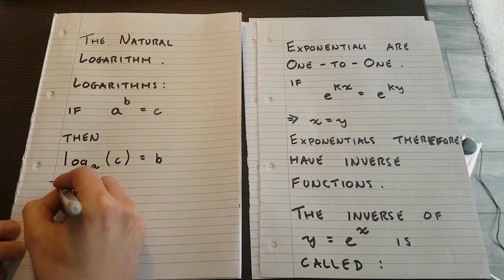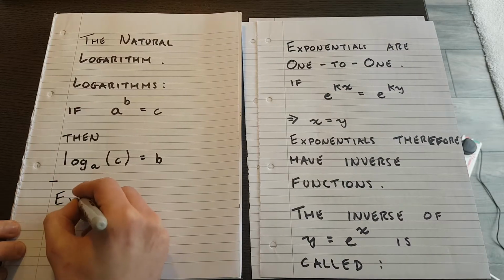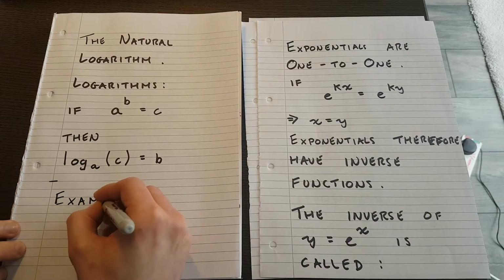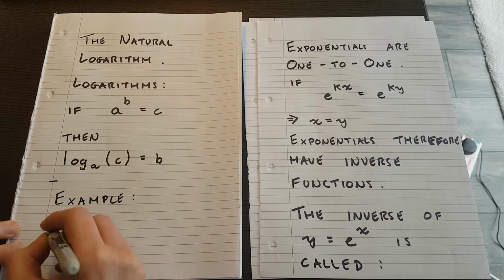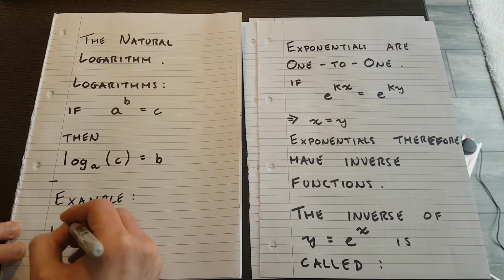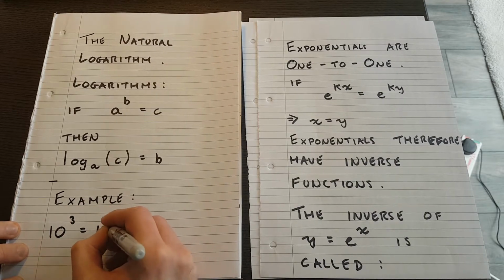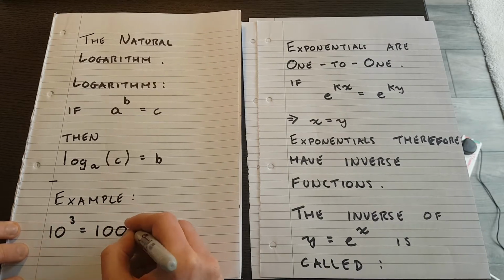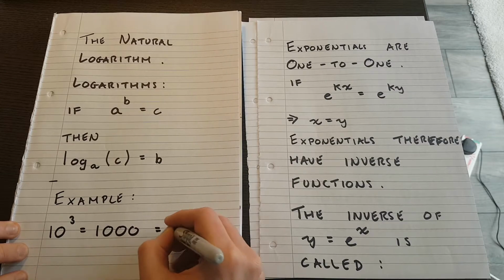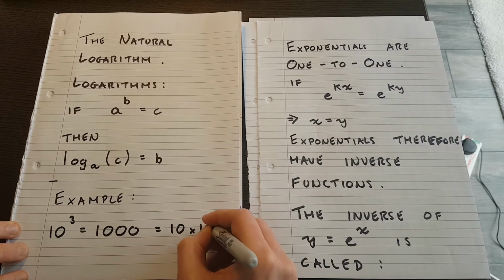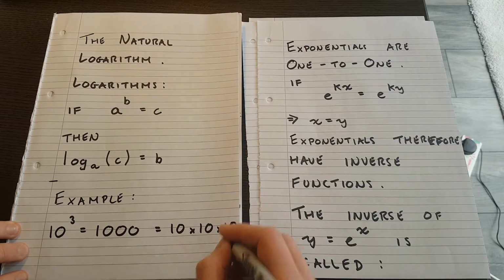Okay, this is a really simple one. If I have 10 to the power 3, and like I said, the only example I ever really think of, this is 1000, which is 10 by 10 by 10.